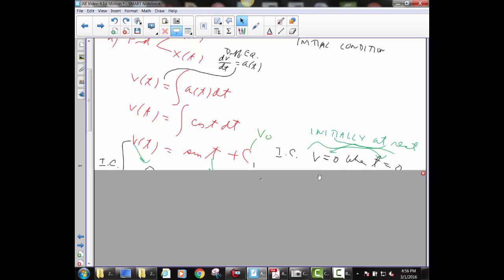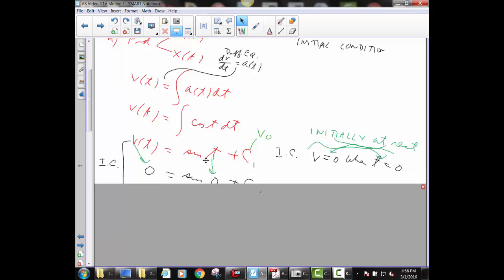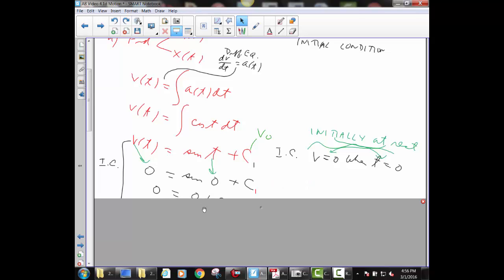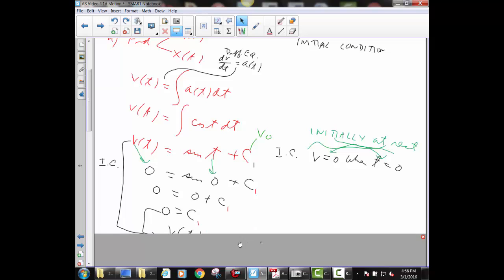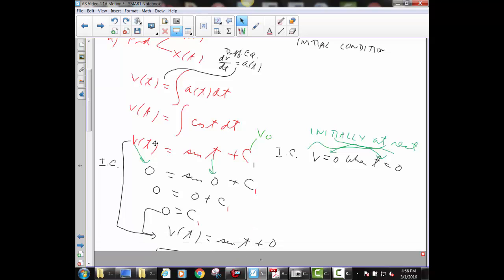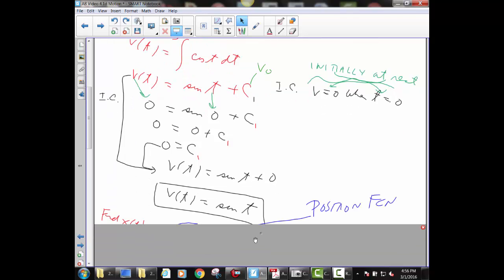Remember it was initially at rest, so v of 0 equals 0. So if I replace t by 0, I'm supposed to get that v of 0 is 0. And of course the sine of 0 is 0, and we do find out that c1 is 0. So we now know that our velocity function is just sine of t plus 0, or just sine of t.